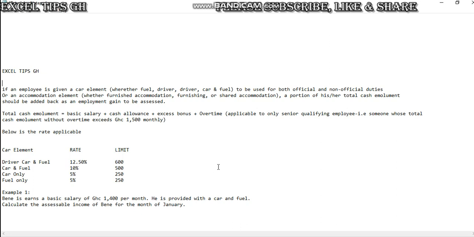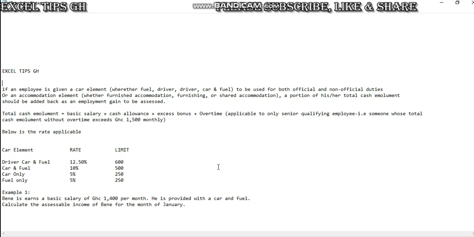Now, we first need to know what total cash emolument is. We've already said something about it, but we are going to throw more light on it. When we say total cash emolument, it refers to all the cash benefits an employee gains from the employment.